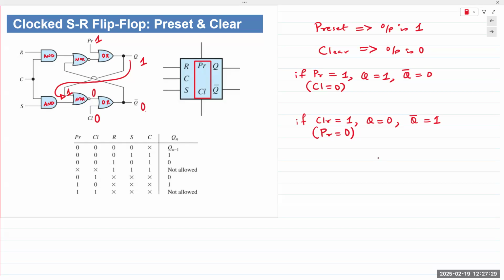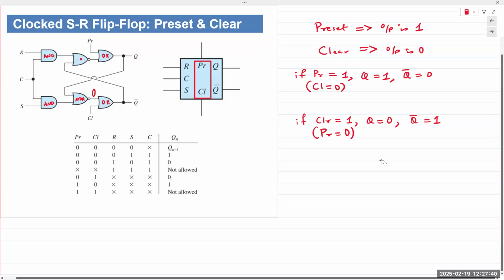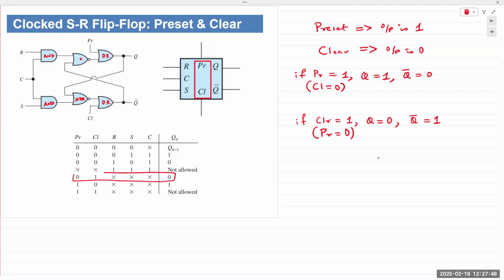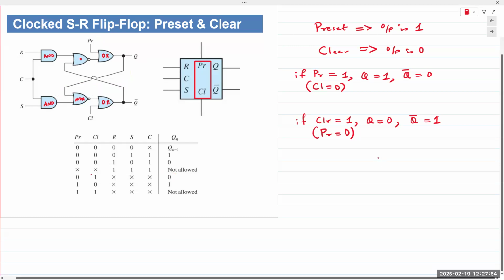If clear is equal to 1, then Q is equal to 0. Actually, I should just mark this.